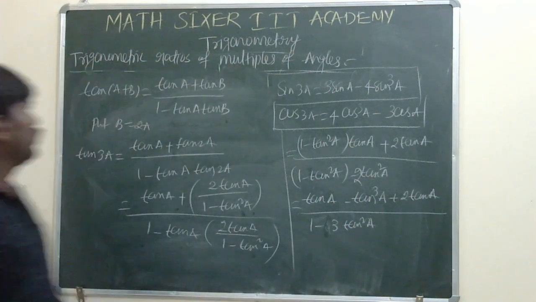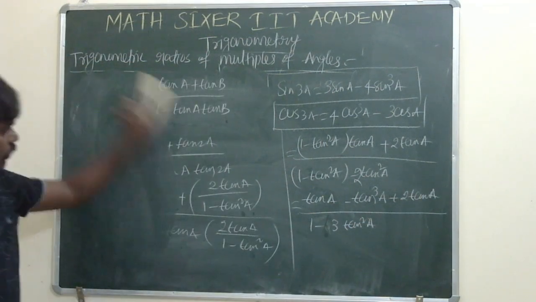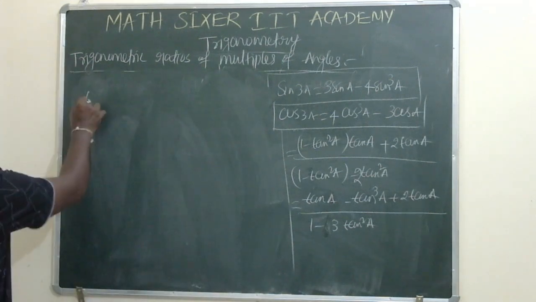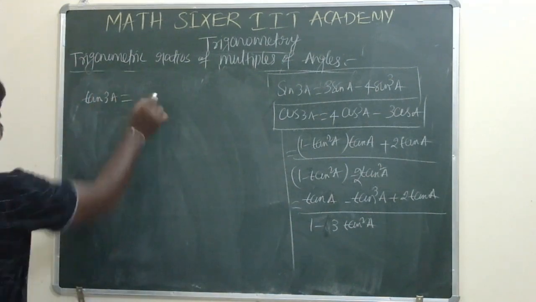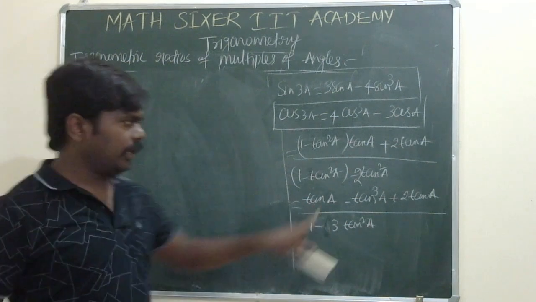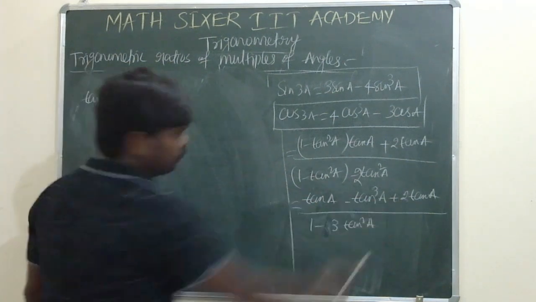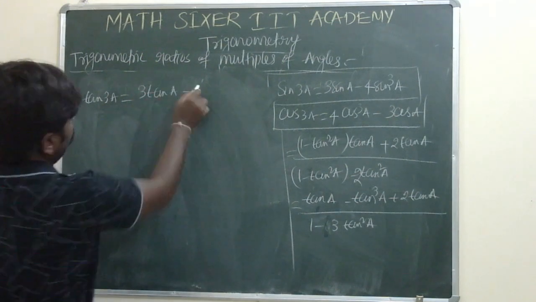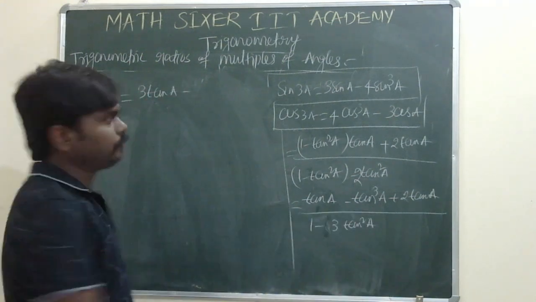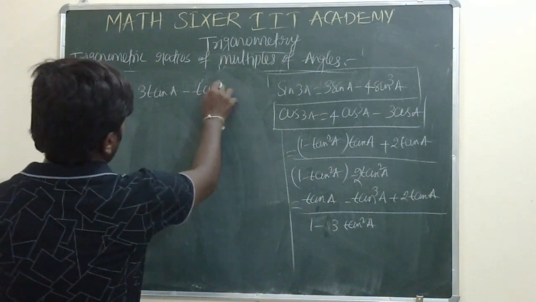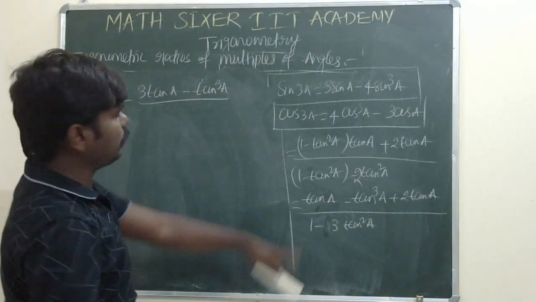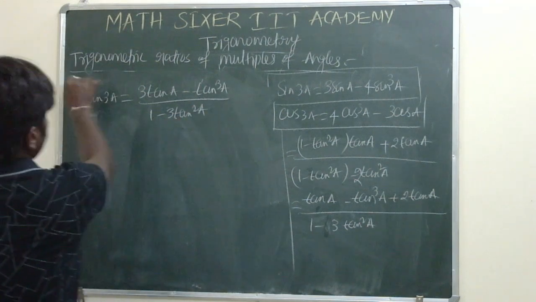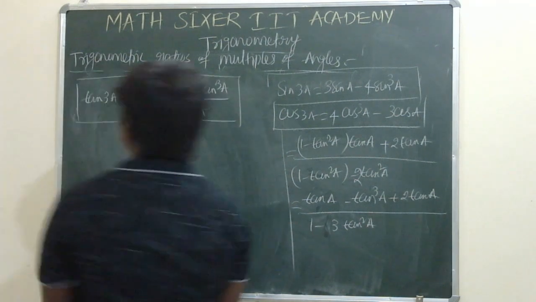So here when you see the final result, tan 3a is equal to tan a plus 2 tan a becomes 3 tan a, minus tan cube a, by 1 minus 3 tan square a. Okay, so this is the result of the tan 3a value.